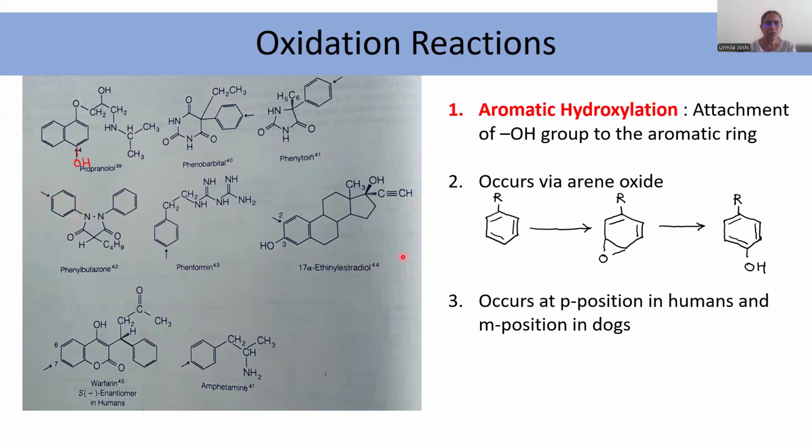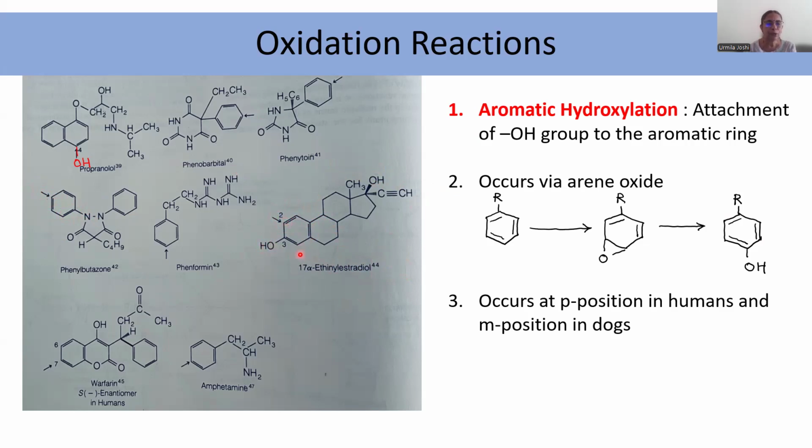In case of ethynyl estradiol, there is only one aromatic ring and the para position of the ring is not free. There cannot be any substituent at this para position, and therefore position number 2, that is ortho to this, is hydroxylated.